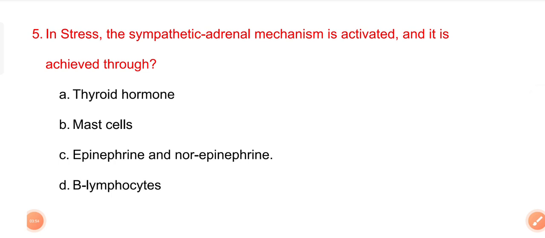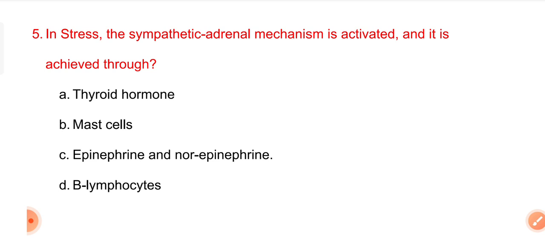The next question is: in stress the sympathetic adrenal mechanism is activated, and it is achieved through what? In the case of stress the sympathetic adrenal mechanism will be activated. How is that mechanism going to happen?